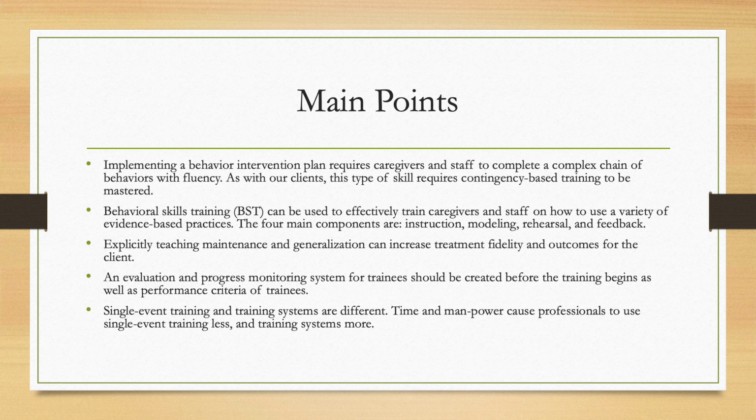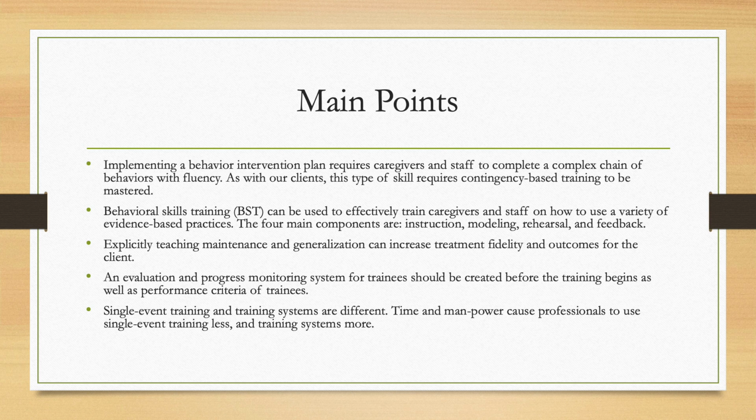The first main point that I have is implementing a behavior intervention plan requires caregivers and staff to complete a complex chain of behaviors with fluency. I like the language that I use there in terms of the complex chain of behaviors with fluency.